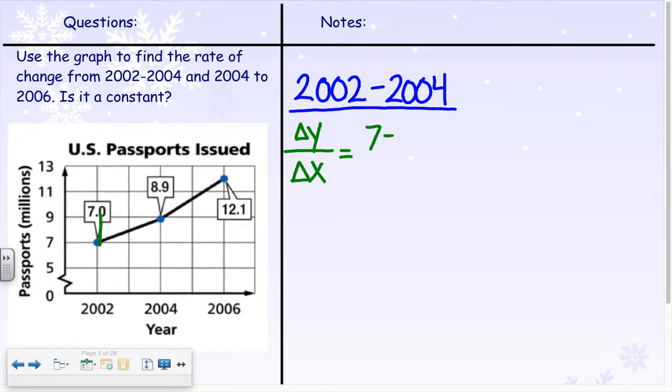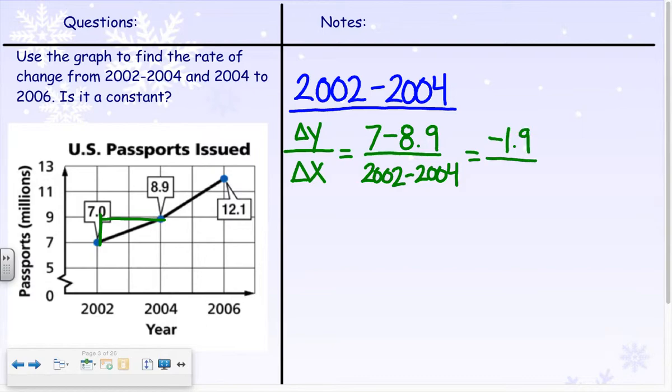So 7 minus 8.9. And then I'm going from 2002 to 2004. So 7 minus 8.9 would be negative 1.9. 2002 minus 2004 would be negative 2. So 1.9 over 2.